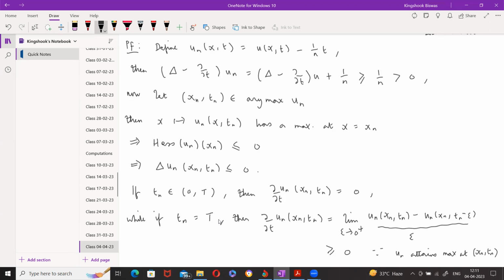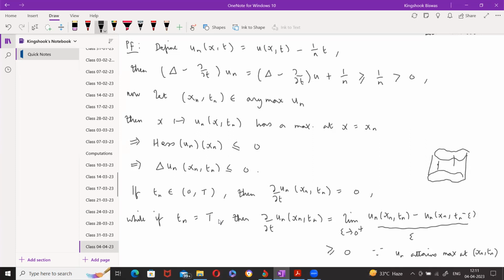The point is that if I'm on the boundary of the cylinder at time capital T, then I can't take a two-sided derivative. I can only take a one-sided derivative. If I'm in the interior of the cylinder, at time between 0 and T, then I can take a two-sided derivative in time.